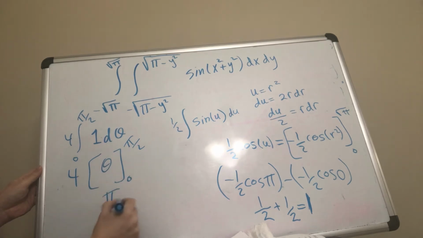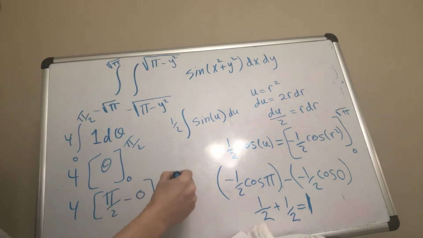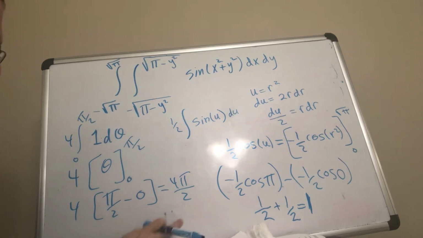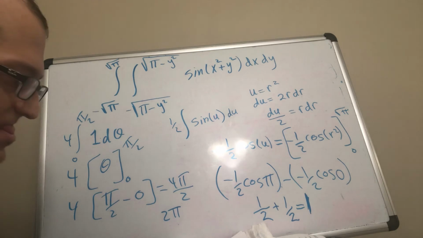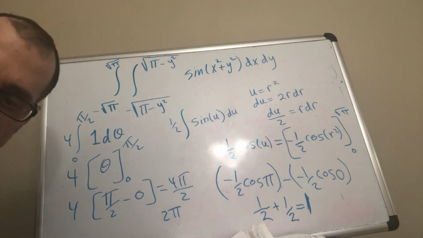So it's pi over 2 minus 0, times 4. That's 4 pi over 2, that's 2 pi. So the answer for this is 2 pi. So that was question number 3.